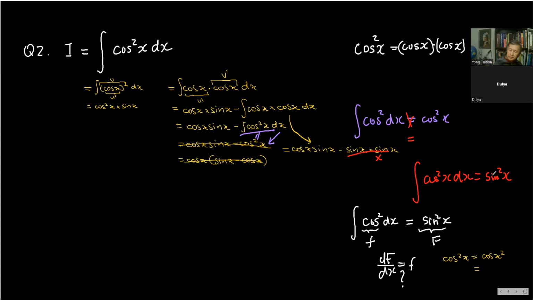That means if you use brackets, that's correct. If you think cosine square is equal to cosine x squared, that is wrong. If you rewrite it with a square here, that's fine. However, if you write it as cosine x squared, then that is wrong. Okay.